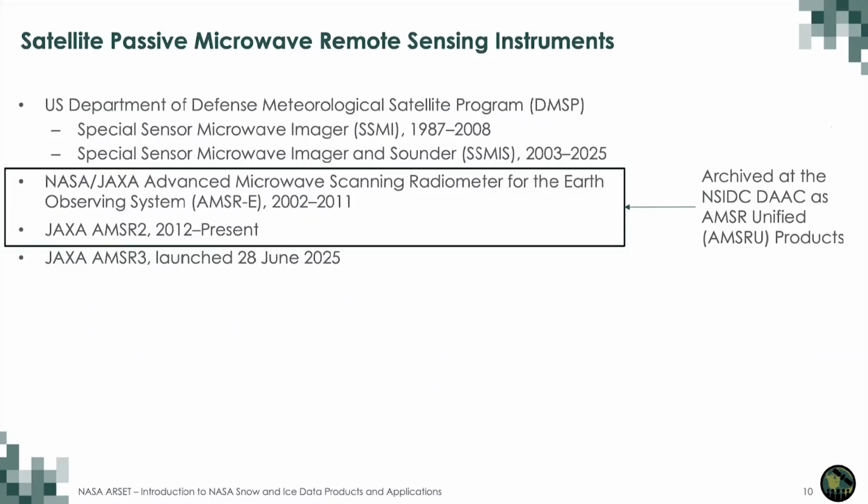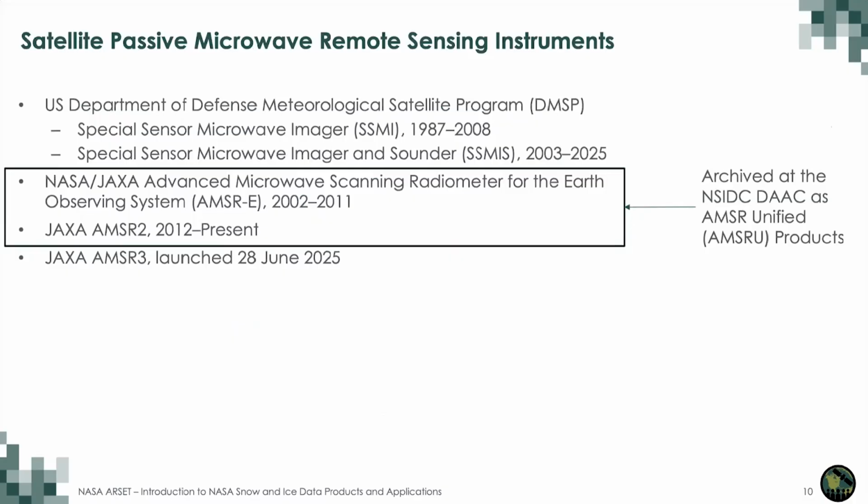So the instruments that we have data for, and that researchers have used for retrieving snow properties, are two sets of sensors primarily. There's the U.S. Department of Defense Meteorological Satellite Program, DMSP, which launched a couple series of sensors, the Special Sensor Microwave Imager, SSMI, which operated from 1987 to 2008.